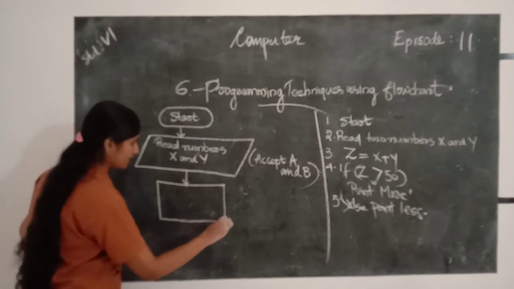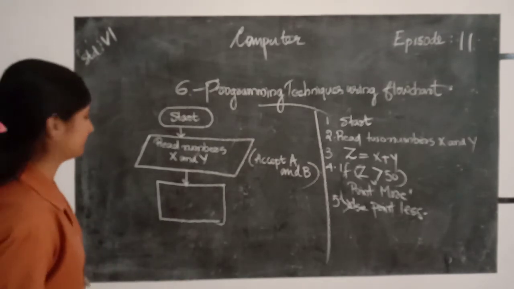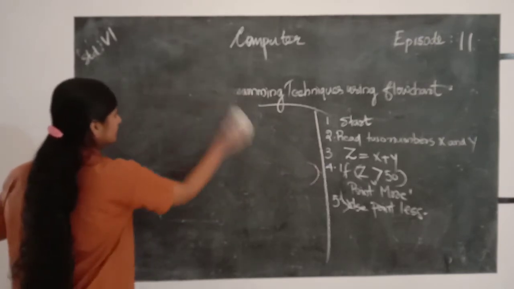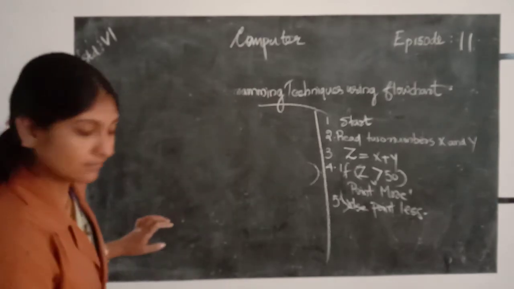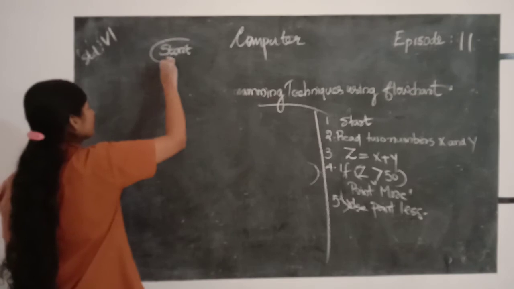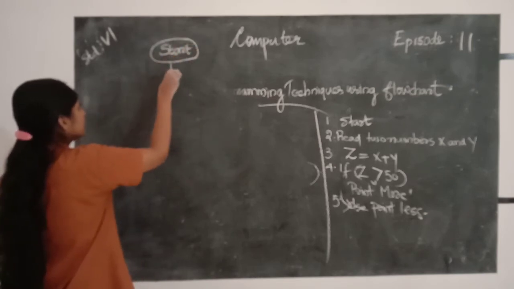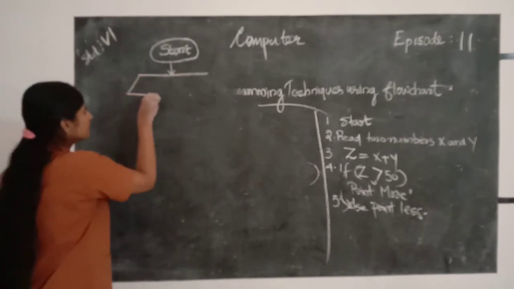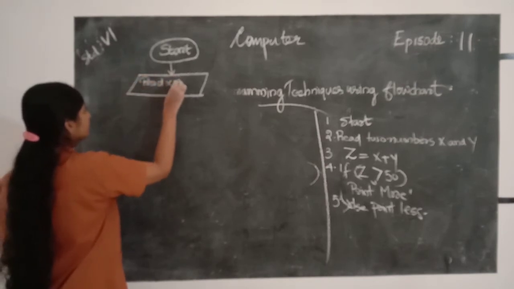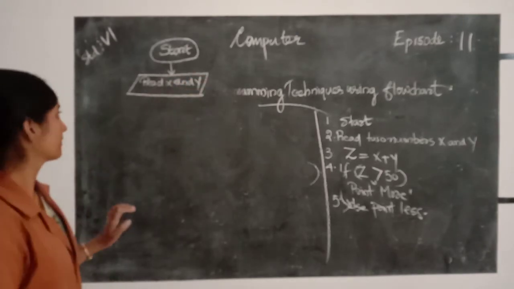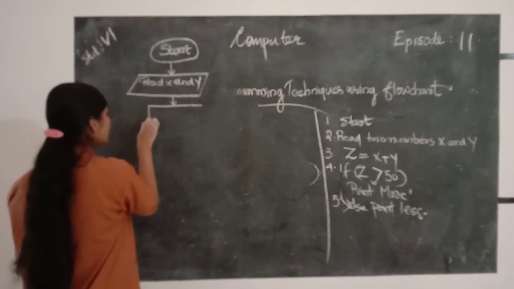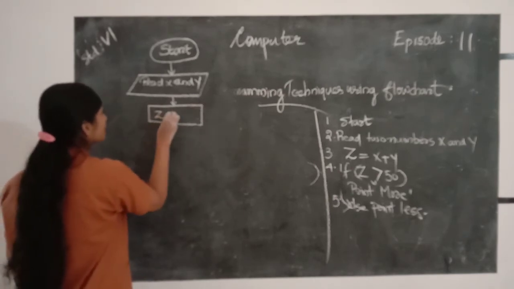Here is the processing step. Then z is equal to x plus y.